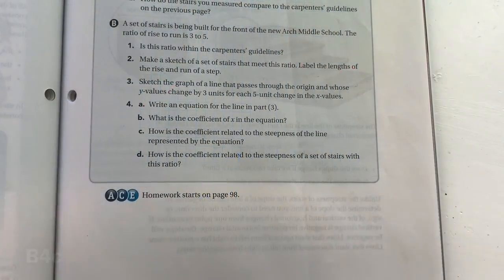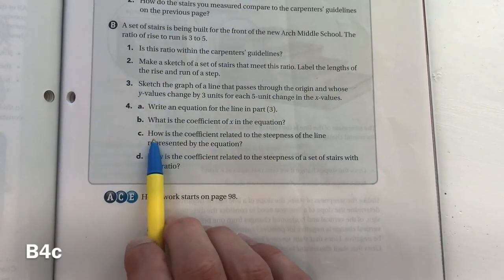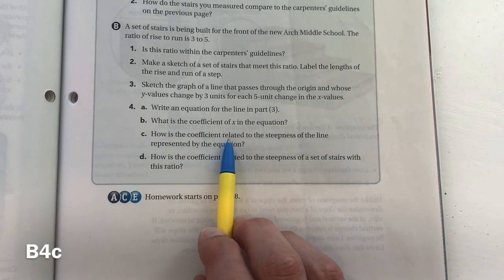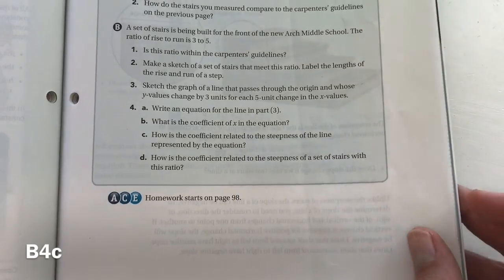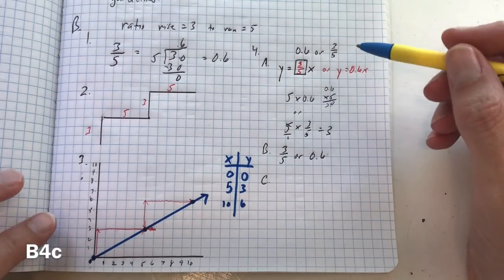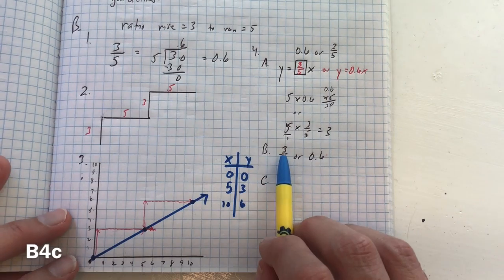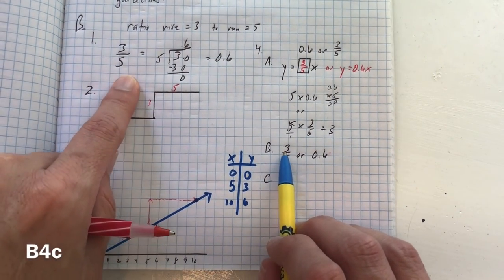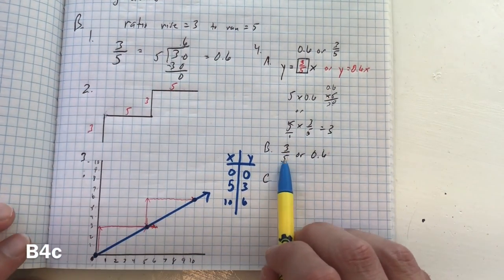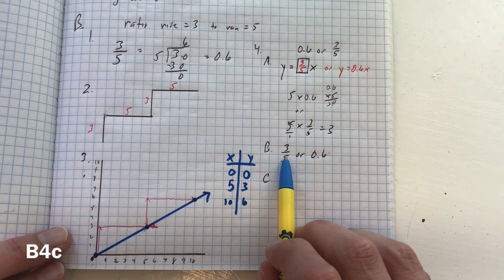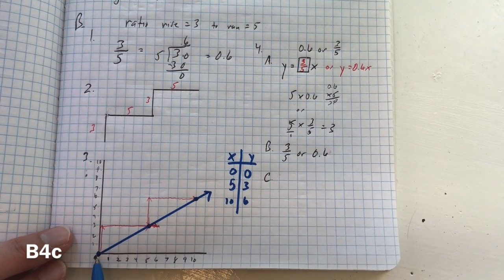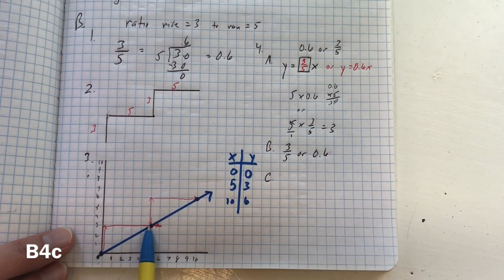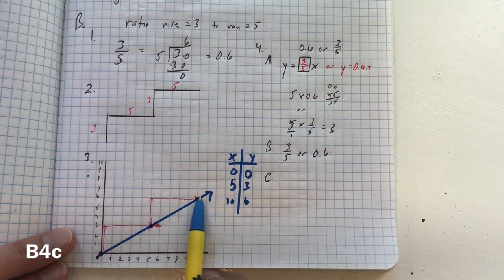All right, 4C. This is a really great question. How is the coefficient related to the steepness of the line represented by the equation? If we look at it in terms of this 3/5, that initial ratio they gave us of the stairs, notice how the stairs here, we went up 3 to the right 5, up 3 to the right 5.